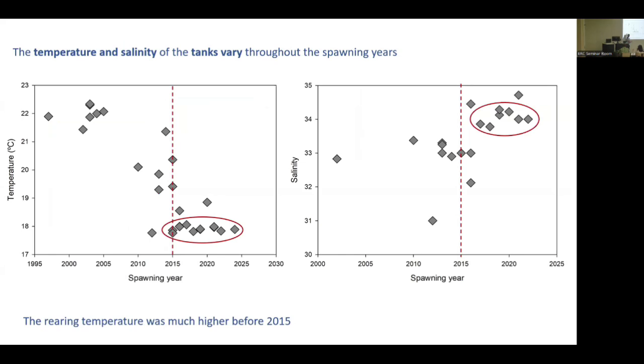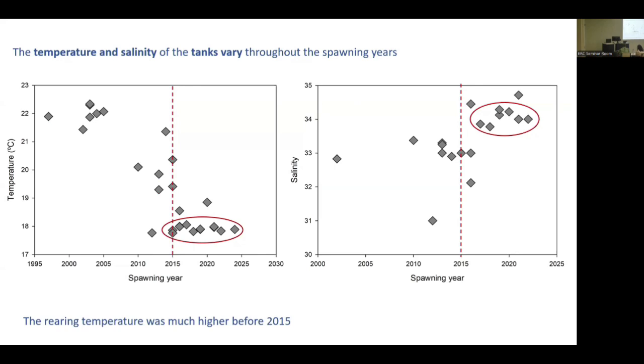So we have differences before 2015. We have a high variability in the temperature, and from 2015 until now, we have the same temperature in all tanks, around 18 degrees. I'm showing you here the same with the salinity, and the fishes with temperature around 18.